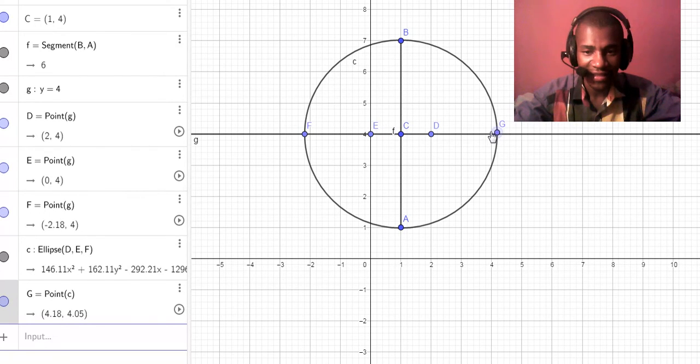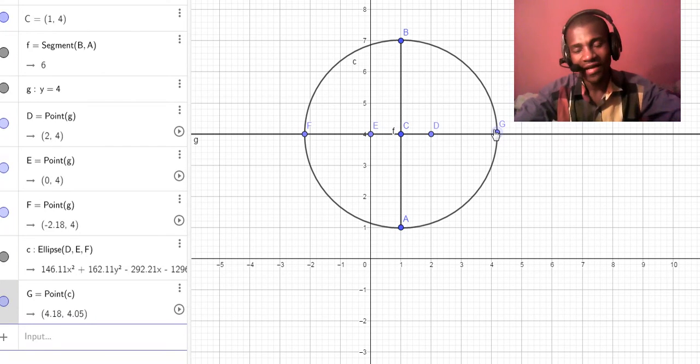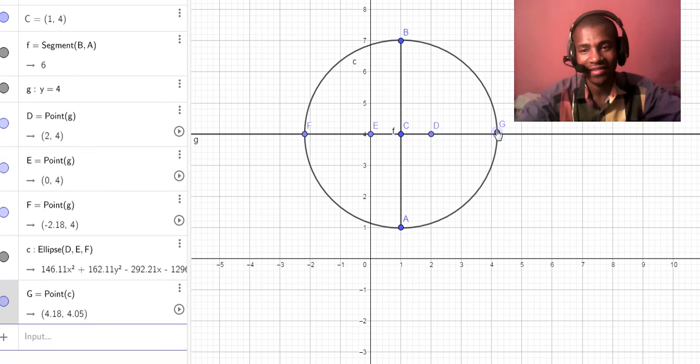Then from here to here is 6 units, then plus this and this, so that will give us about 6.4 units. So this is the major one.